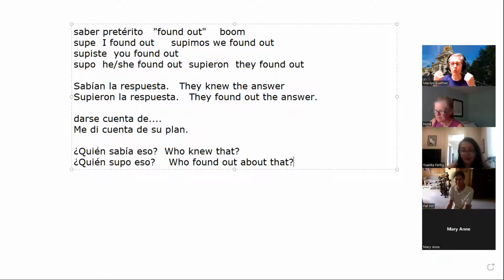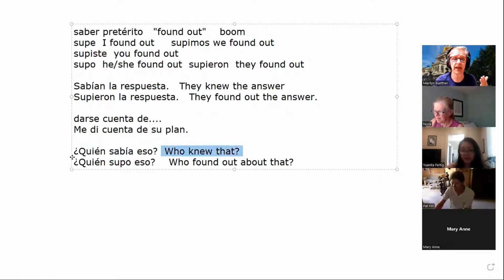Discovering that information quickly is this preterito idea. Somebody found out at a certain time. If I found out that there was an accident on the corner, somebody just gave me that information and it was pretty recent and it happened quickly, right?